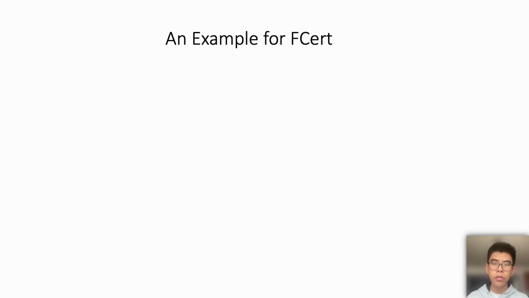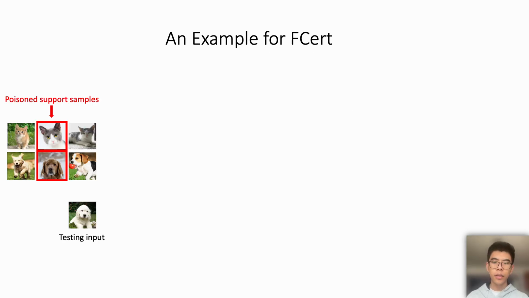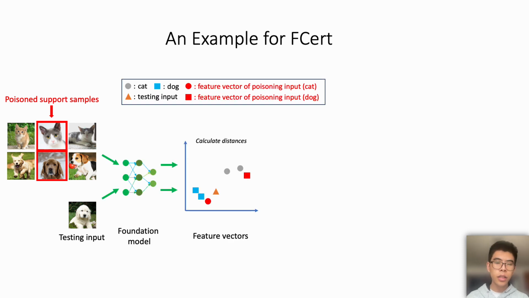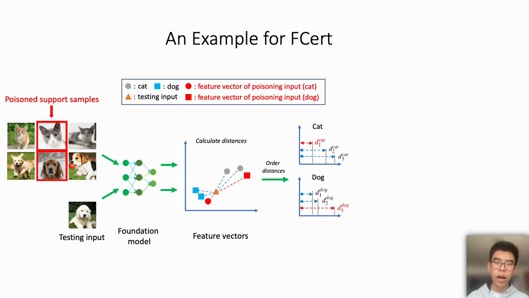Here we provide a concrete example for FCert. In this example, there are 3 support samples in each class, and the attacker is able to poison one support sample from each class. Our method first uses the foundation model to extract feature vectors for all support samples. The attacker manipulates the cat image such that its feature collides with that of dog images, and vice versa for the dog image. Our method calculates the feature vector distance between the test input and each support sample, and then orders these distances for each class separately.